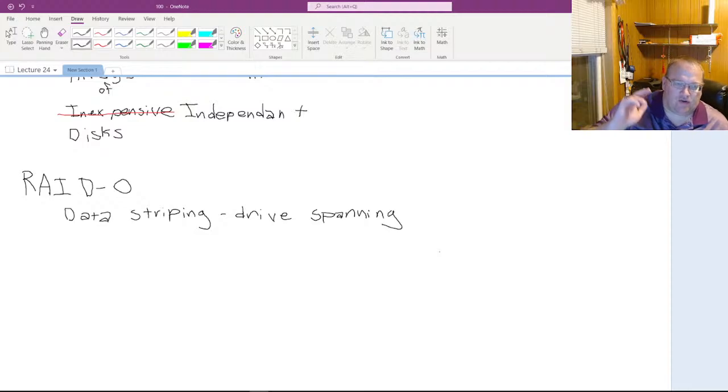And there'll be a controller somewhere that can figure out, when you're looking for that memory location, how to decode and figure out which drive it's on, so it can send you to the right place. Does that make sense?